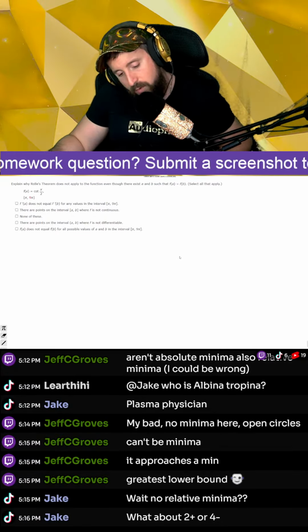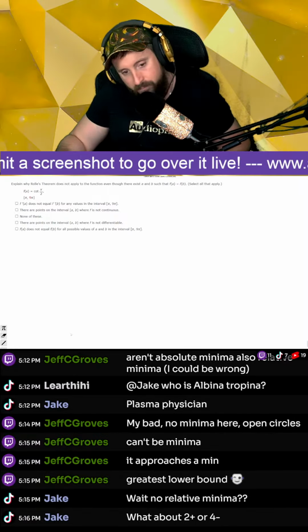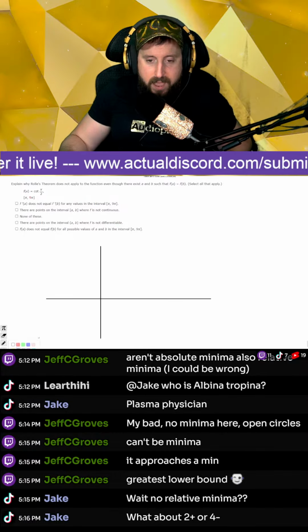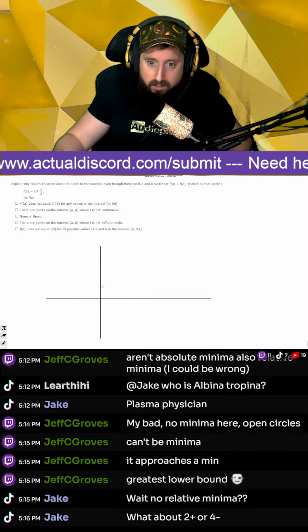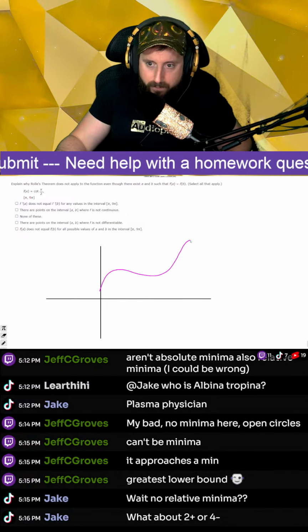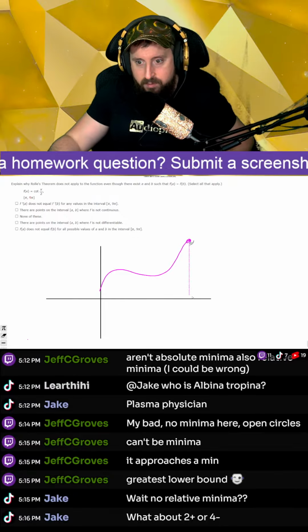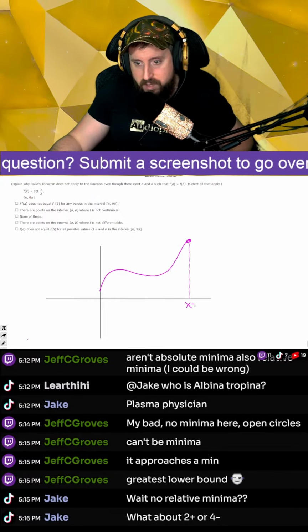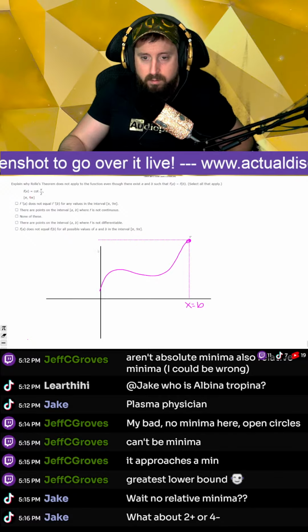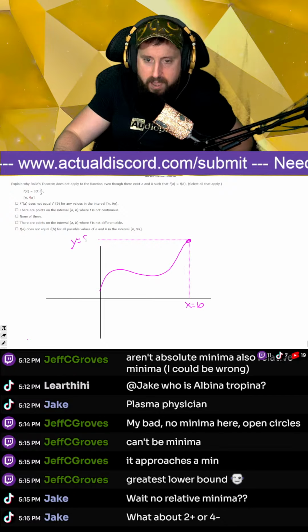Okay, so Rolle's theorem is a special case of the mean value theorem. What the mean value theorem says is that if I have a function that is continuous, let's say like this, and it has some x equal to b, then y is equal to f of b.